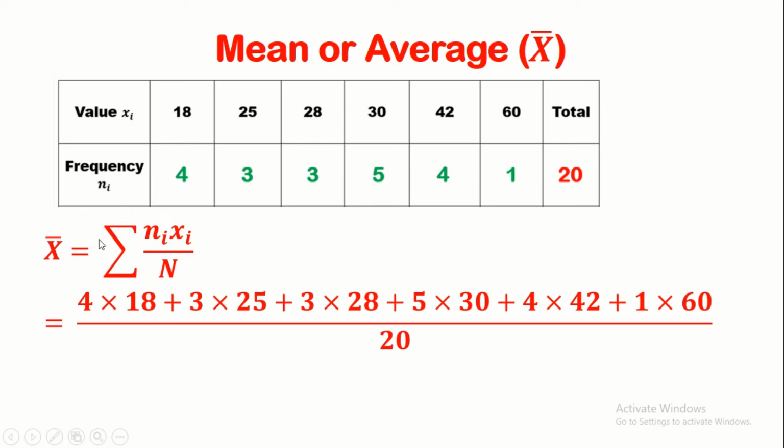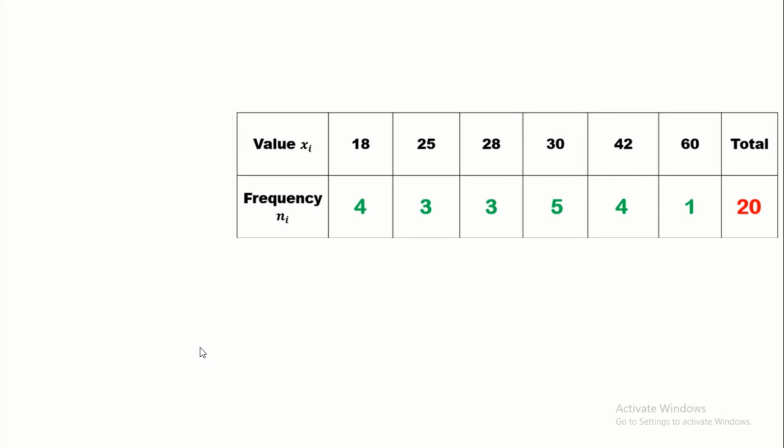It's the summation of their product, so it's 4 times 18 plus 3 times 25 plus 3 times 28 plus 5 times 30 plus 4 times 42 plus 1 times 60 all divided by the total, which is here 20. So the mean or average is 609 divided by 20. It gives us 30.45.